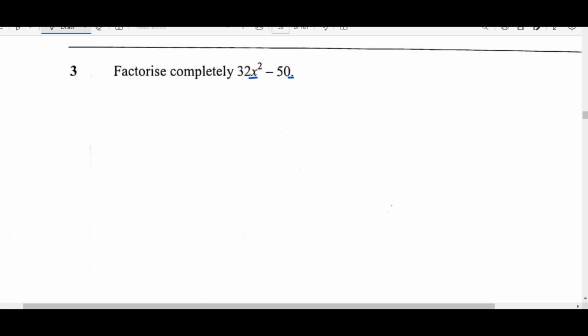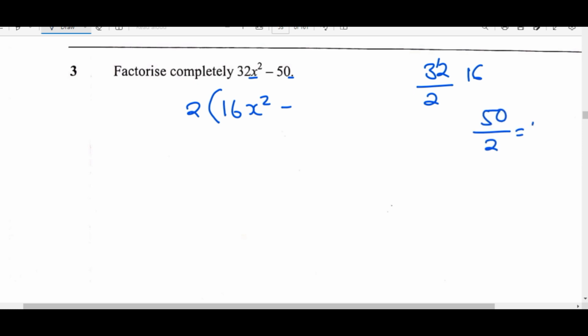So you would say 2, and then open brackets. So here, if we have 32, and then 2 into 32, that is 16. It will give us 16x squared minus, and then 50 over 2, that is 25.